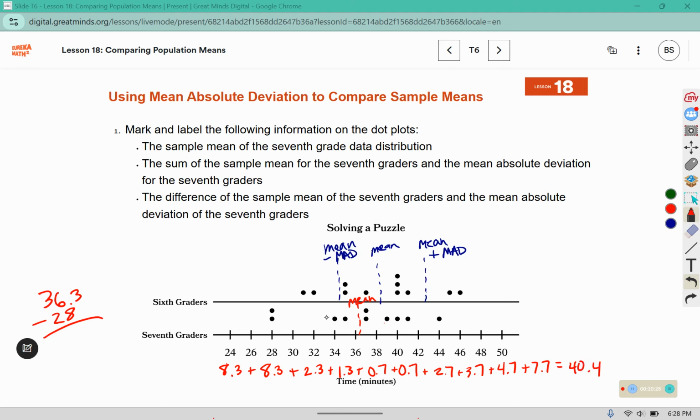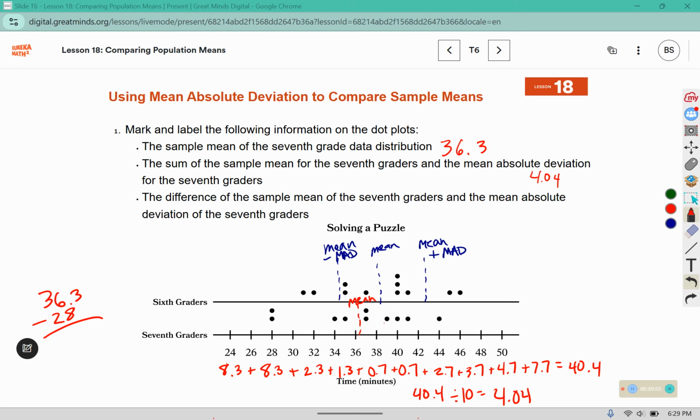Again, there are 10 values, so we're going to take that 40.4 and divide by 10, which gives us 4.04 as our mean absolute deviation. So the mean was 36.3. The mean absolute deviation was 4.04.